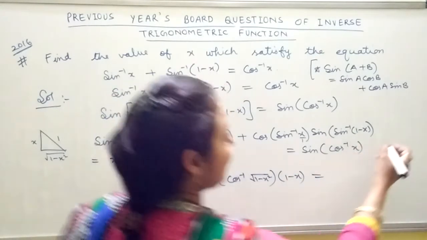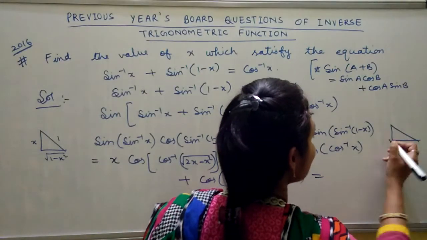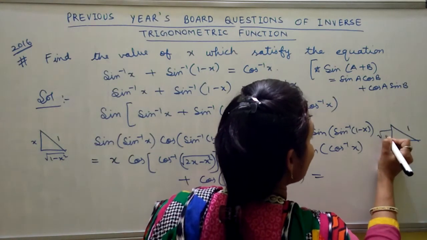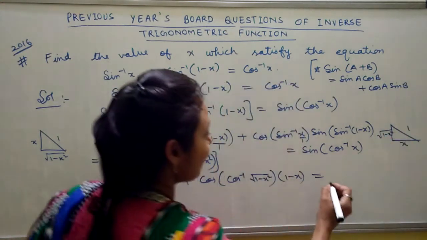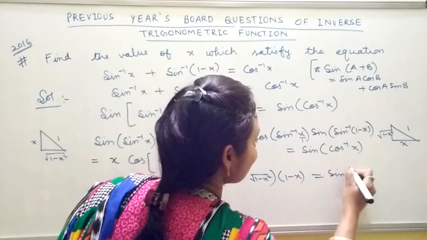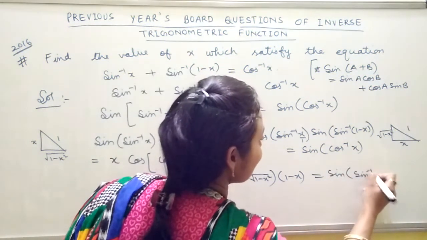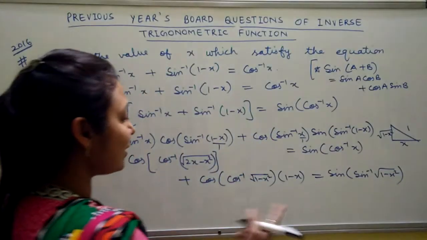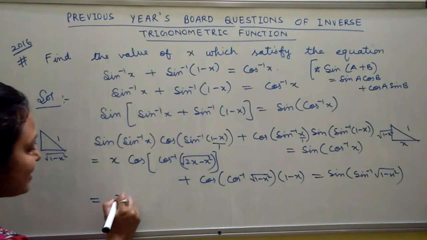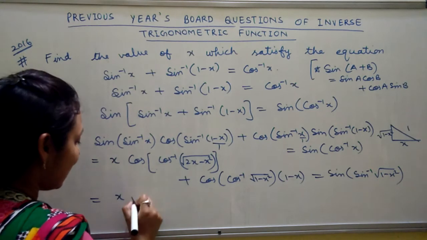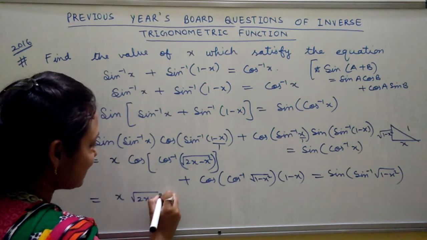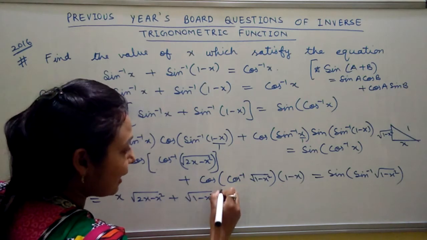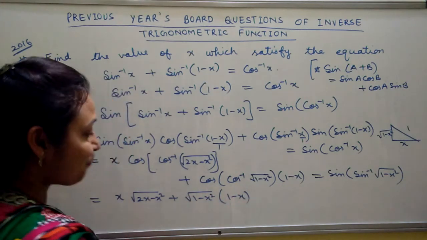Here base, if I take the perpendicular, base is x, hypotenuse, then hypotenuse minus base, that is 1 minus sine perpendicular upon base. So all terms are cancellation, comes in cancellation x, then under root 2x minus x square plus 1 minus x square and here 1 minus x.